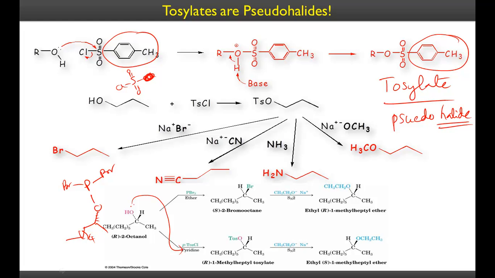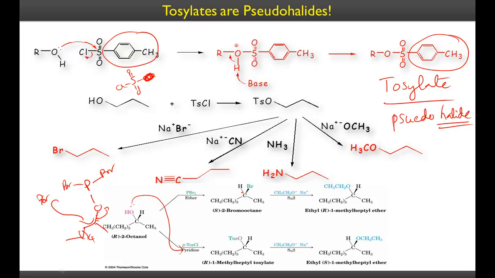So the bromide is coming and replacing this. As a result, the bromide forms a bond from the back face, and the stereocenter is inverted. And if I do the second nucleophilic substitution, I get the alkoxide substituted product.